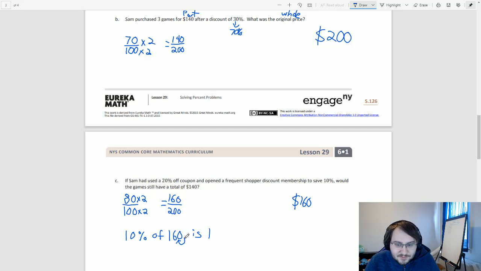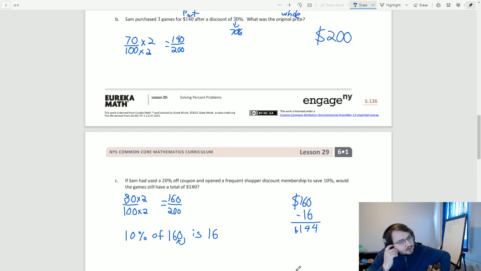So 10% of 160 is 16. Okay, so that means that the 10% off is going to save me $16. So that means I need to take away $16 from my 160 to get my new price. So 160 minus 16, that's going to give me $144.